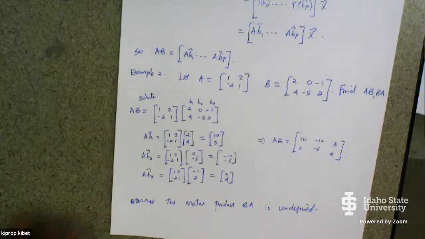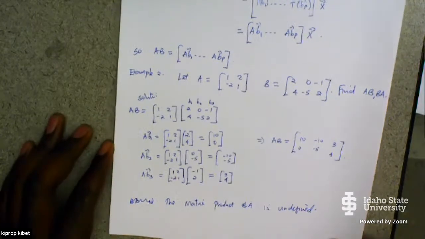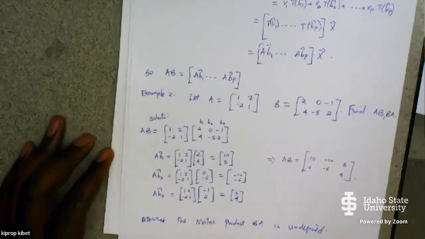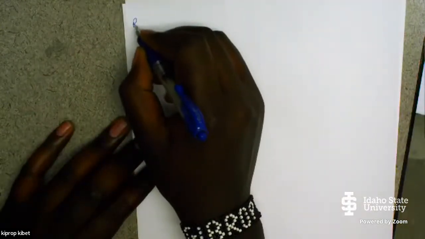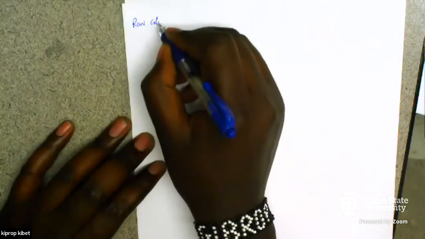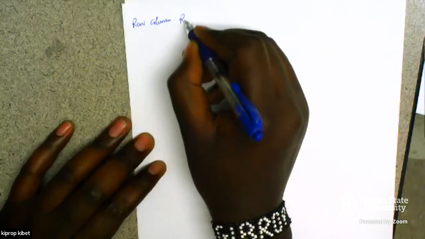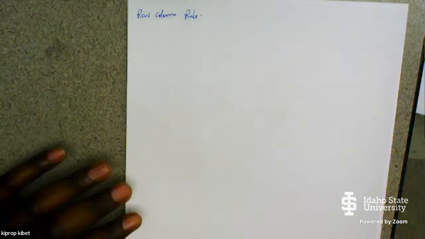Another way of solving this is by use of the row column rule, which we also did with vectors. It is still the same thing as with our vectors.